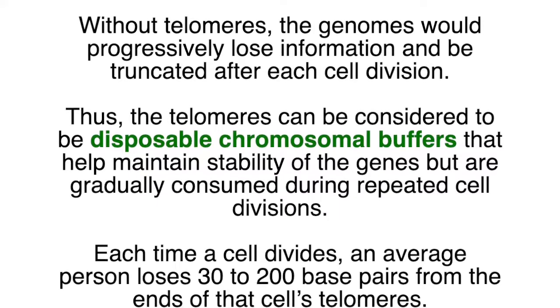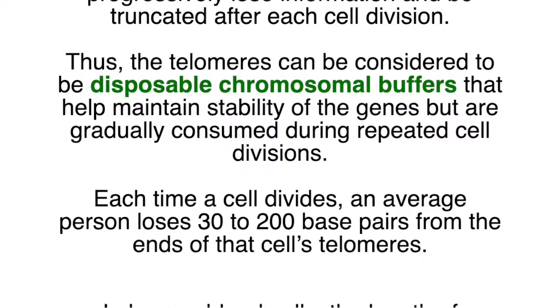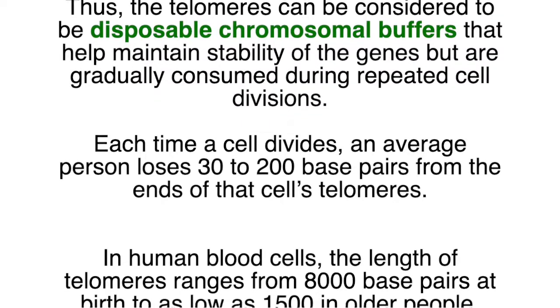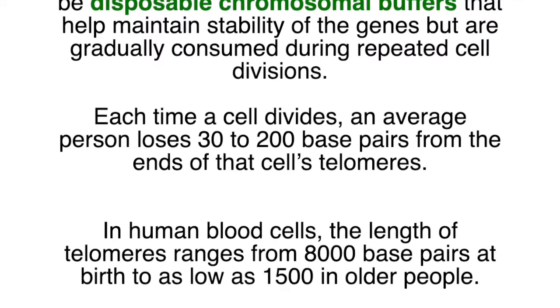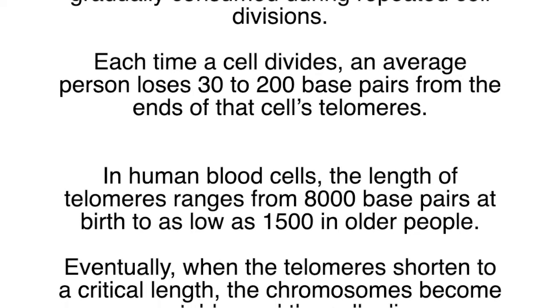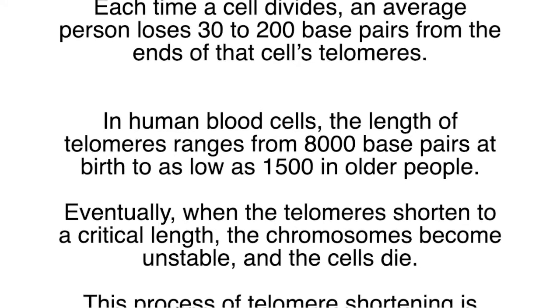Each time a cell divides, an average person loses 30 to 200 base pairs from the ends of that cell's telomeres. In human blood cells, the length of telomeres ranges from 8,000 base pairs at birth to as low as 1,500 in older people.